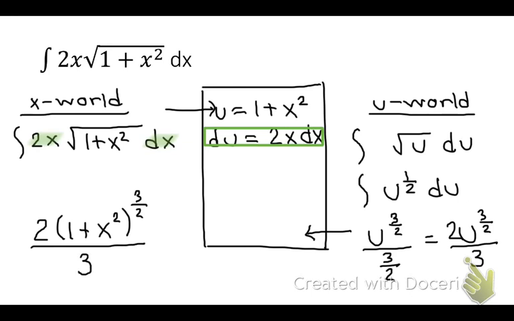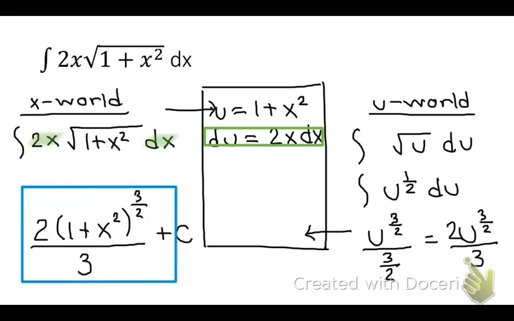And don't forget, we always have to remember our plus c. So the integral of 2x square root of 1 plus x squared dx is equal to 2 times the quantity 1 plus x squared to the 3/2 over 3 plus c.